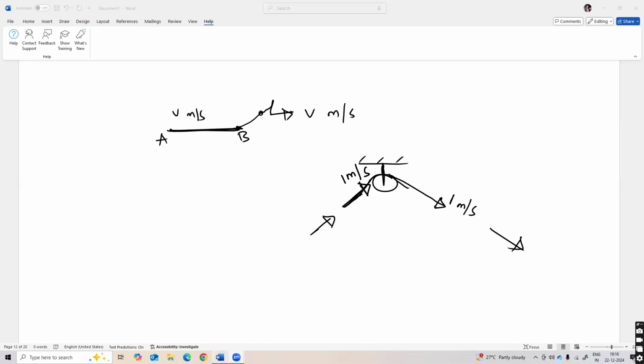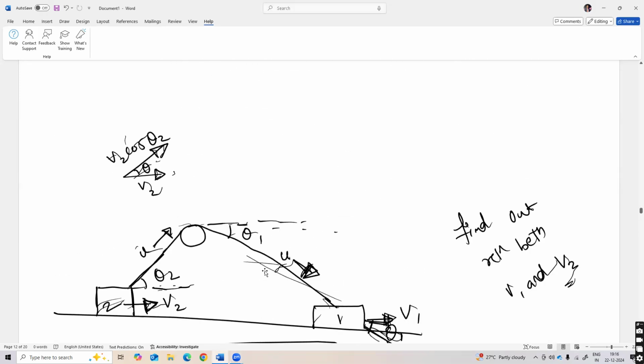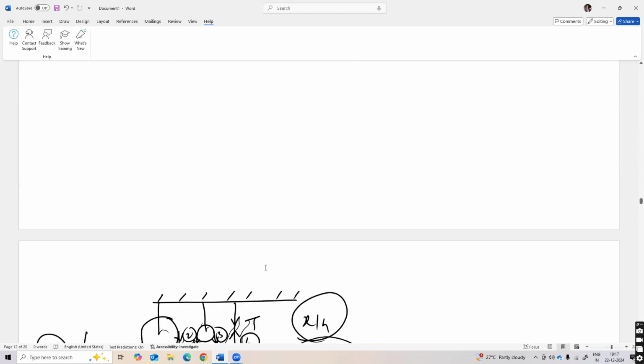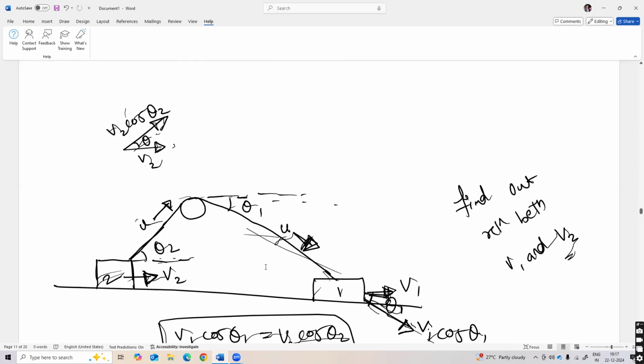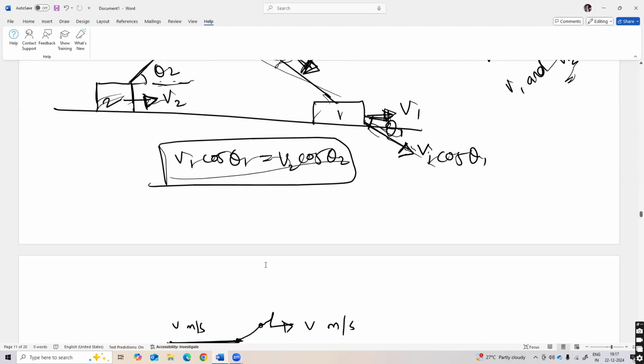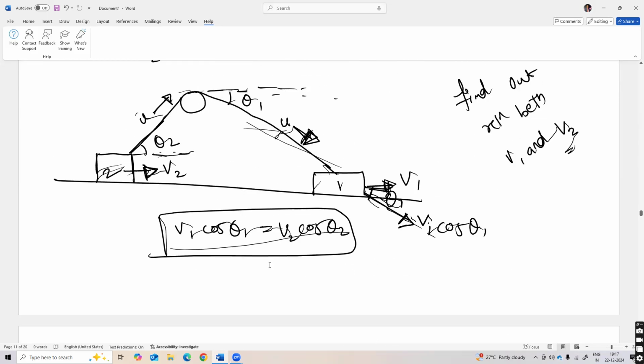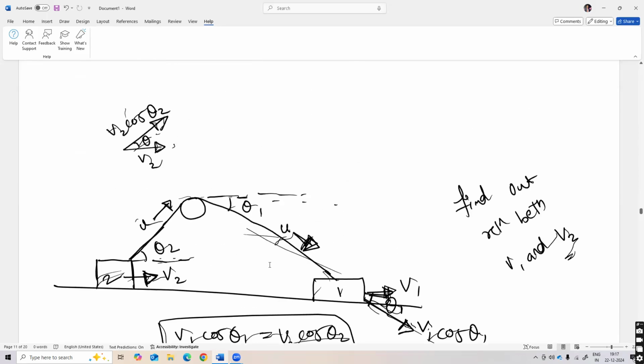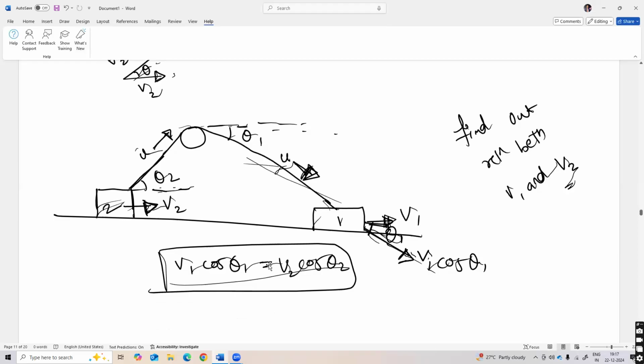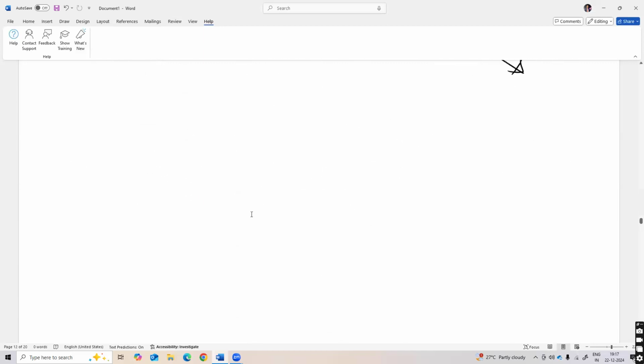Okay. So therefore, for this string, this end of the string is moving with velocity v2.